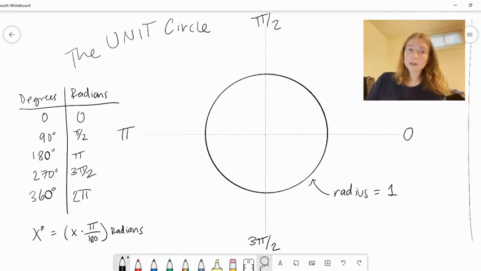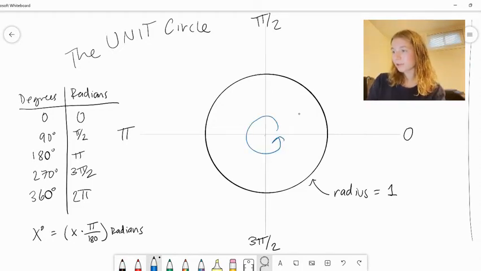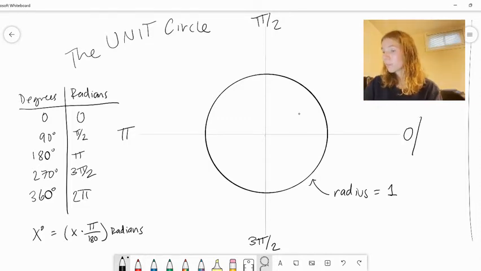The last angle we're going to mark here is as if we went all the way around the circle and came back. That's going to be the same exact point as 0, but we're going to label it as also 360 degrees, or 2 pi radians.